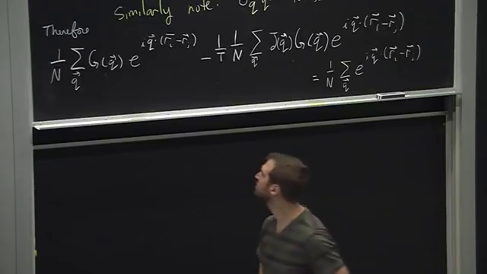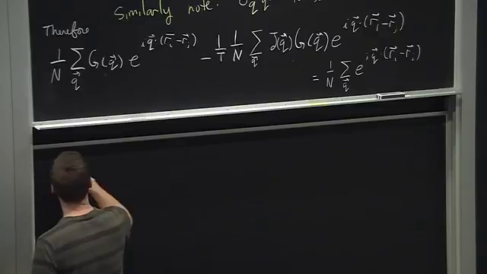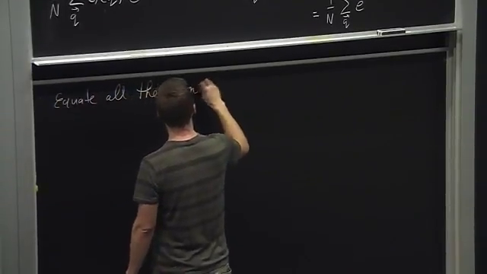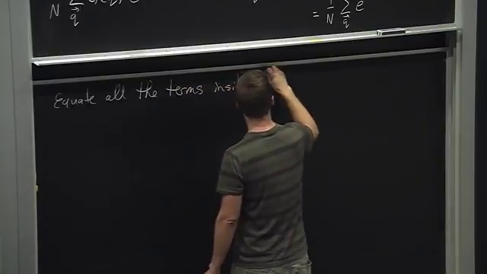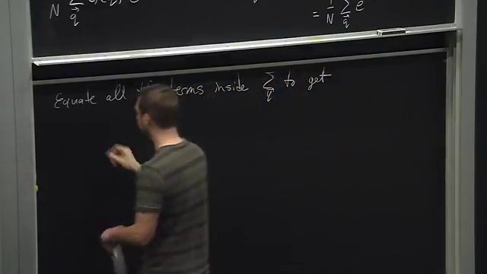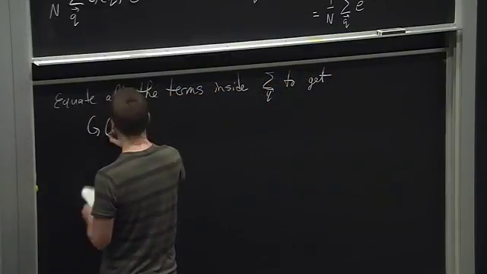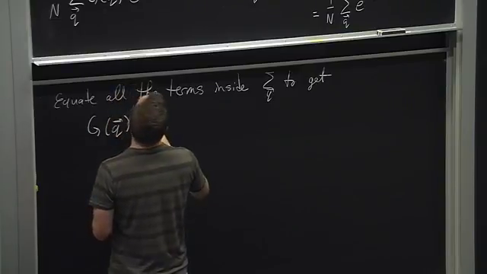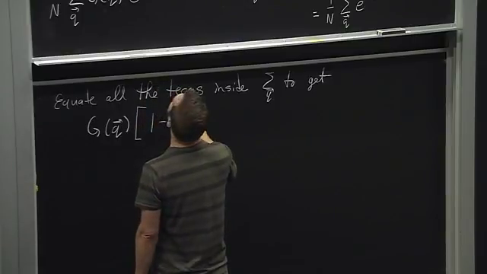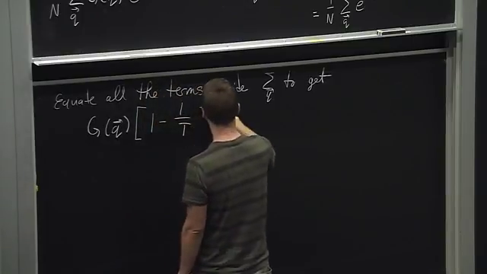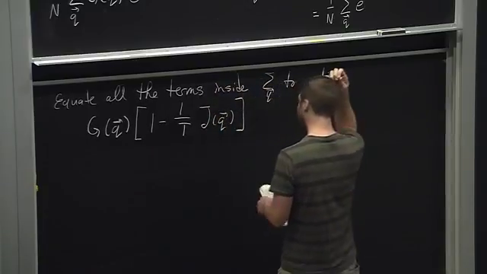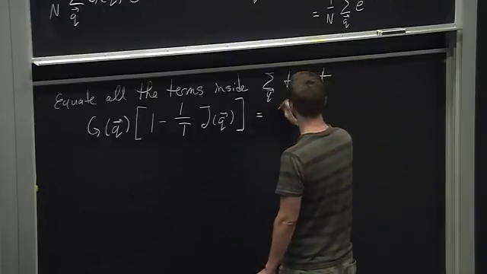Make sense? Q. Okay, so let's see, 1 minus 1 over t JQ, right, just equals 1.